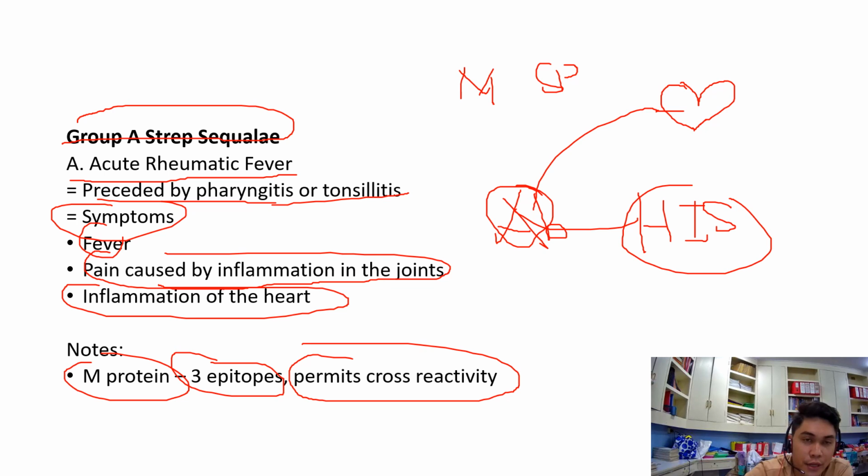That reaction between antibody and heart tissue can cause inflammation or problems to your heart. So that's acute rheumatic fever: there's cross-reactivity of the antibody to the M protein of S. pyogenes, and it can also react with the cells present in your heart.